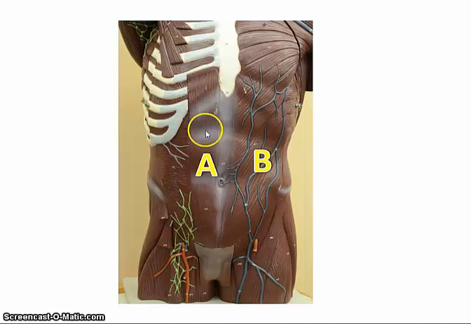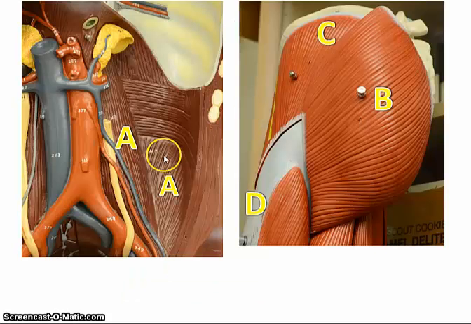A, rectus abdominis. B, external obliques. C, iliopsoas. Over here we have the gluteus maximus. We have the iliotibial tract or iliotibial band. Up here by the iliac crest we have the gluteus medius.